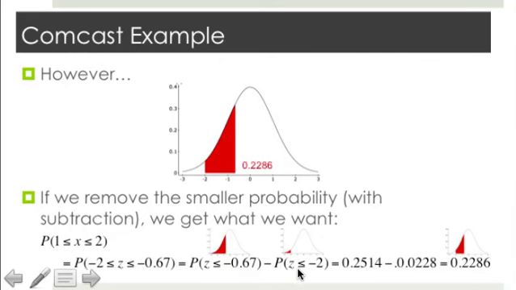We also know the probability that z is less than negative 2 is 0.0228. And we also just saw that if we simply subtract this smaller wedge from the larger one, what we're going to be left over with is this area here, and that's the one that we care about. And the numerical value then is 0.2286.